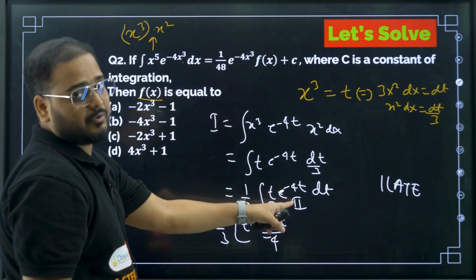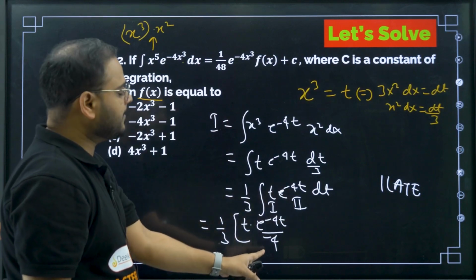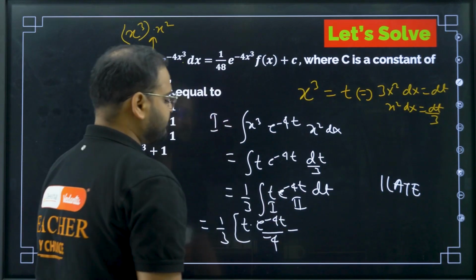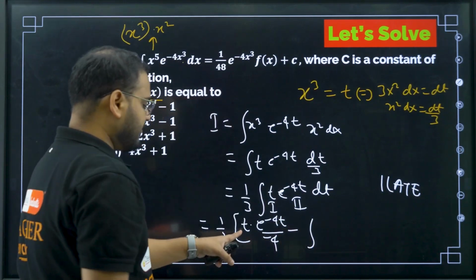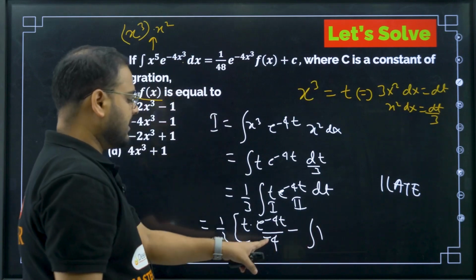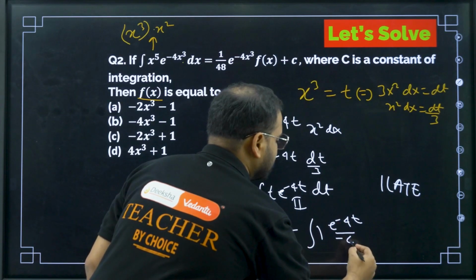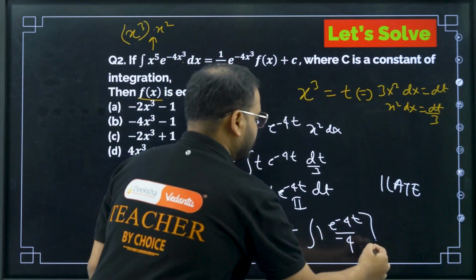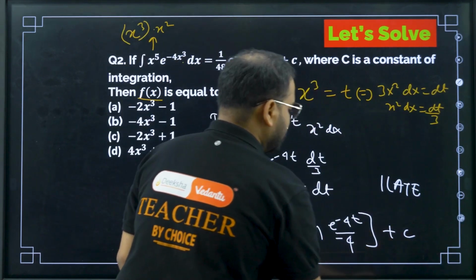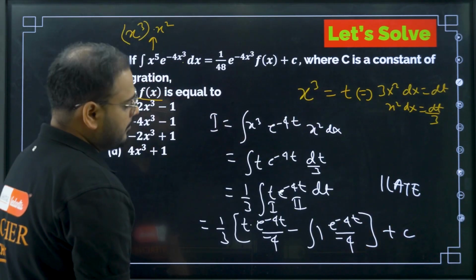What is the integration of e power ax? E power ax only, divided by a. Minus sign, integrate with the differentiation of the first one and the integration of the second, e power minus 4t upon minus 4. Constant will come, so c.